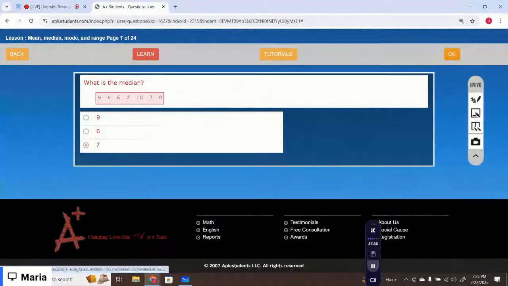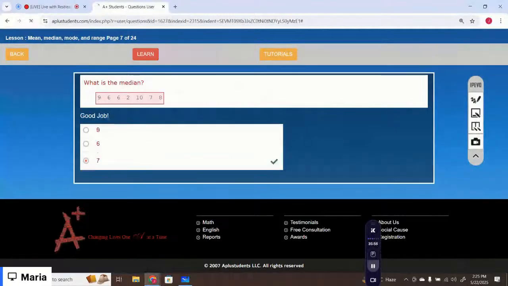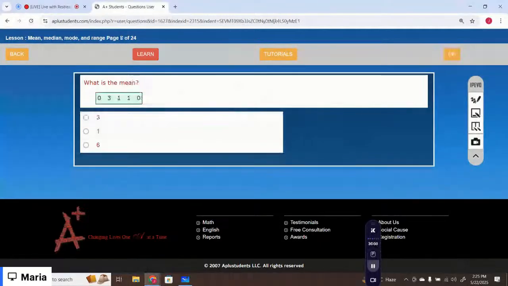Option number 3 is the correct option. What is the median? That is 1. Option number 2 is the correct option.